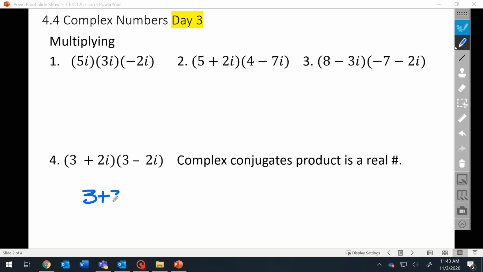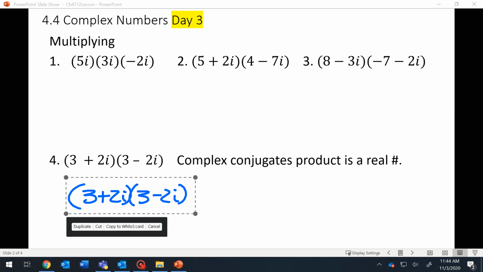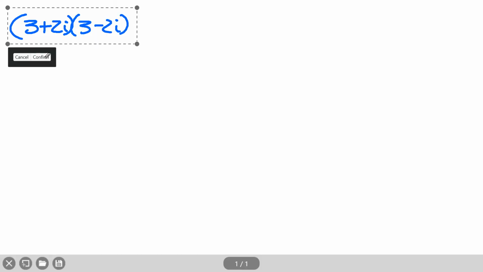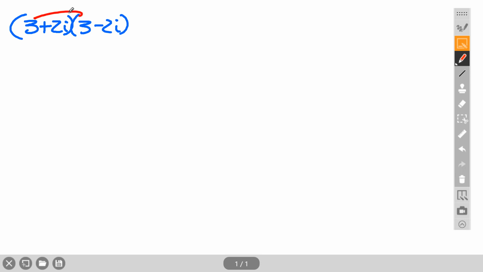So 3 plus 2i, 3 minus 2i. Let's use the distributive property to multiply these together. 3 times 3 is 9. 3 times negative 2i is negative 6i. 2i times 3 is positive 6i.